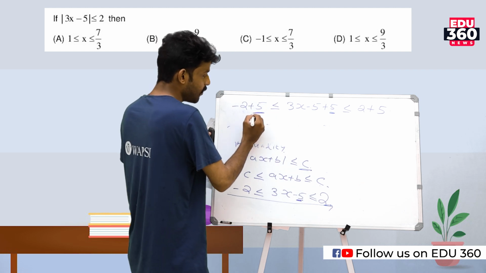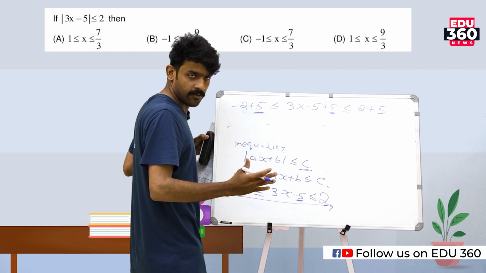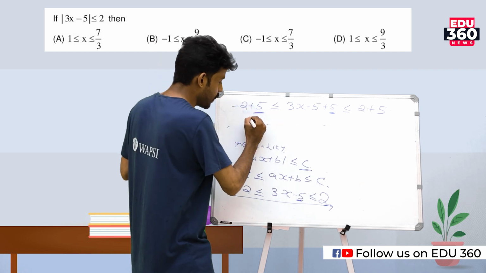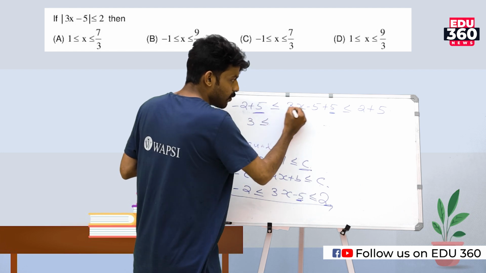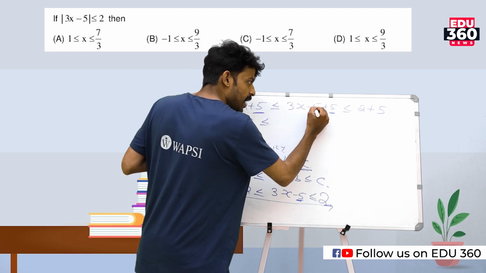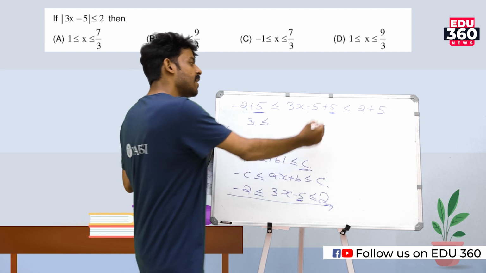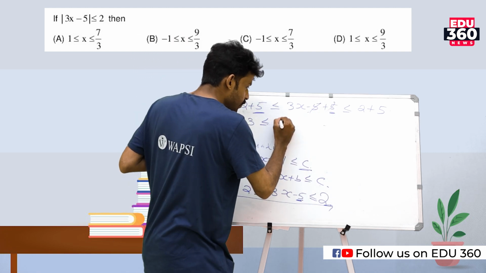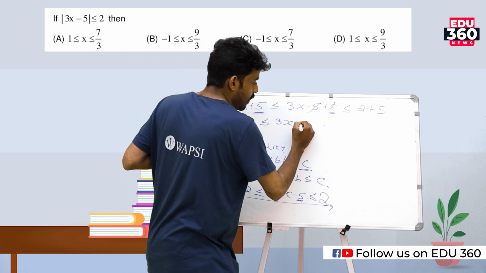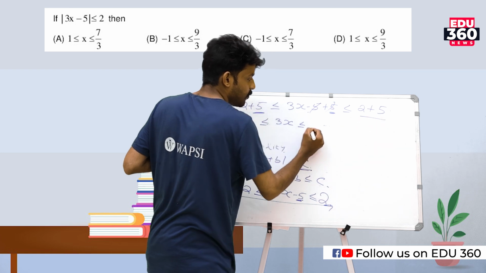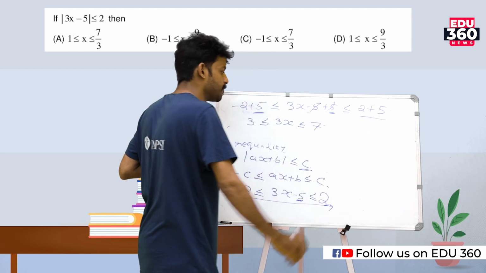Here we will get minus 2 plus 5, that is 3. So we can write 3 less than or equal to 3x, since minus 5 plus 5 cancel each other, less than or equal to 2 plus 5, which means 7.